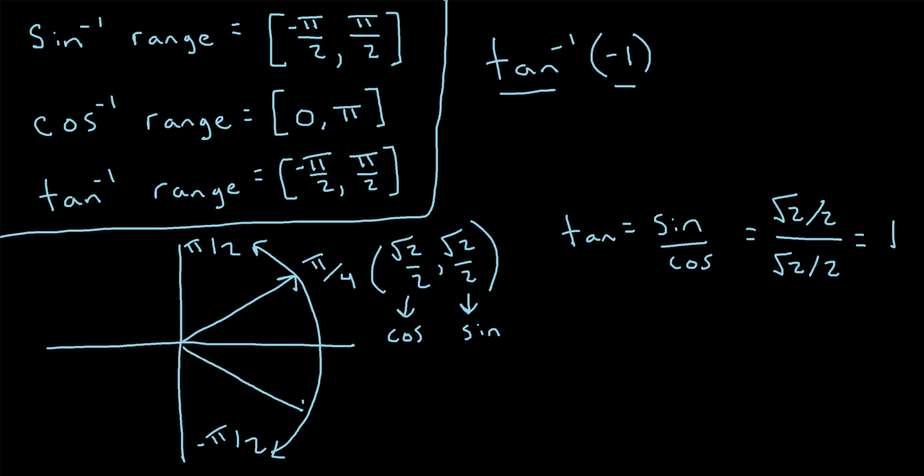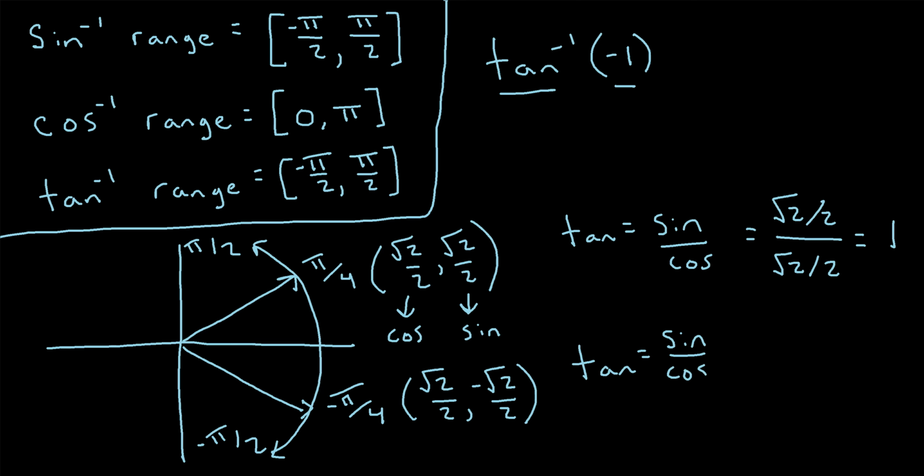So what if we try negative pi over 4? Well, the xy coordinates on that would be square root 2 over 2, the x value is positive, and negative square root 2 over 2, the y value is negative. So if we did the tangent of this angle, let's write sine over cosine, we would get negative root 2 over 2 divided by root 2 over 2.